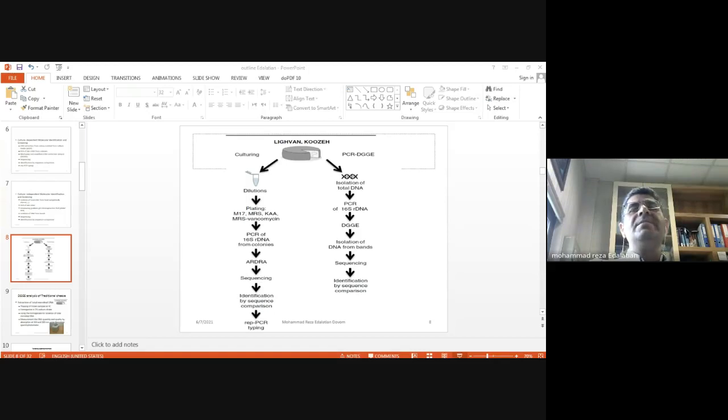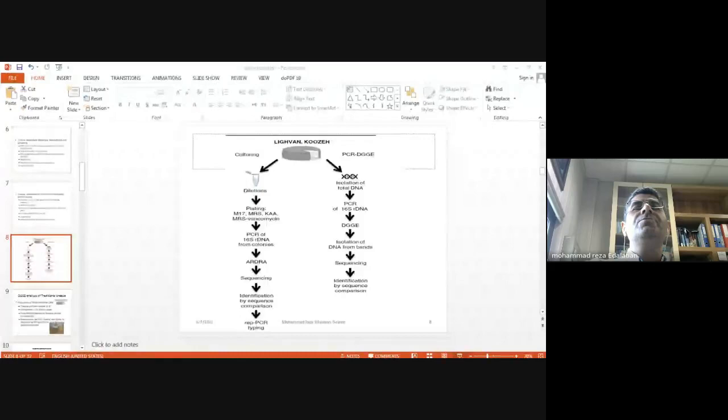So in the next slide, we start with the PCR amplification of 16S rRNA sequences. As I told you before, we select the 16S rRNA gene because it is the most suitable gene for amplification and identification of bacteria, especially lactic acid bacteria, and every prokaryote.